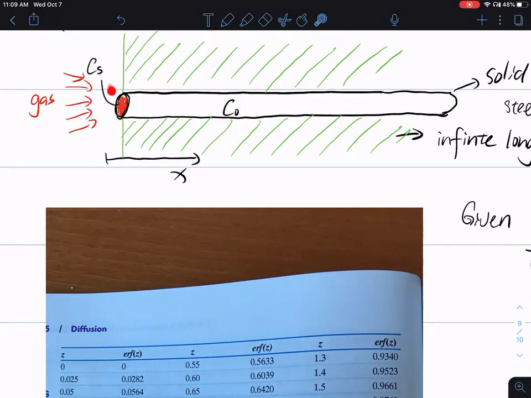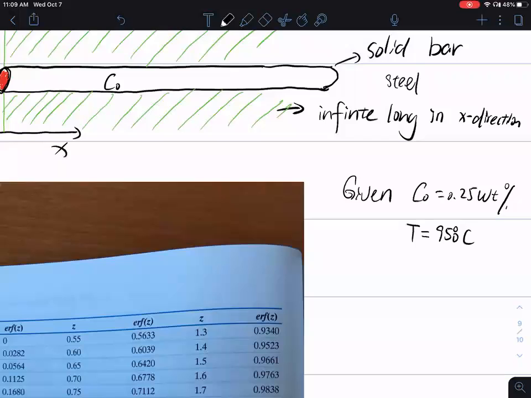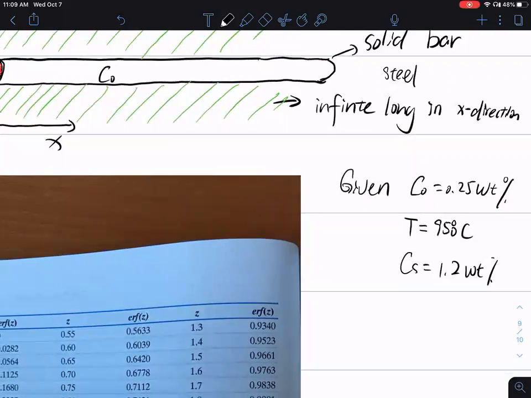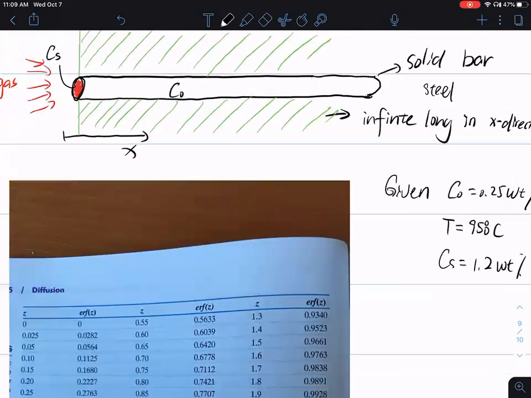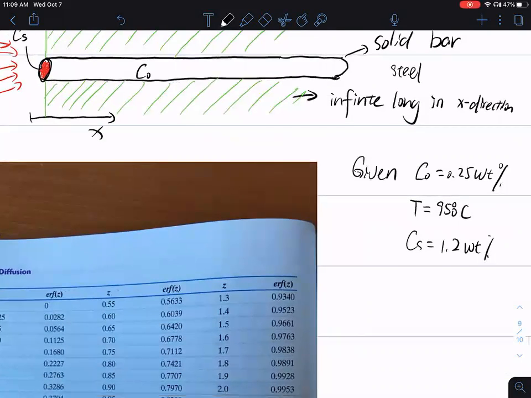So on this end, we have a very high concentration of carbon. In this case, we have Cs. It's 1.2 weight percent. So that's a surface concentration. That's a boundary condition. And C0 is an initial condition. Remember, both Cs and C0 are concentrations of carbon.